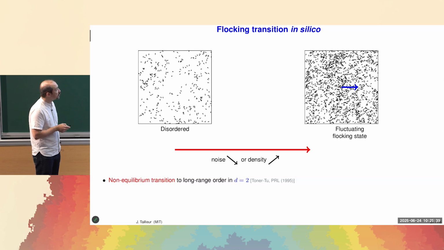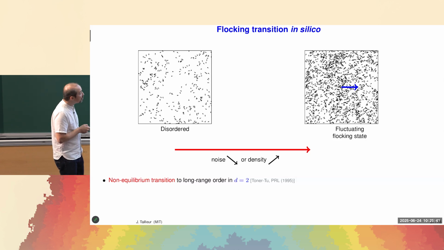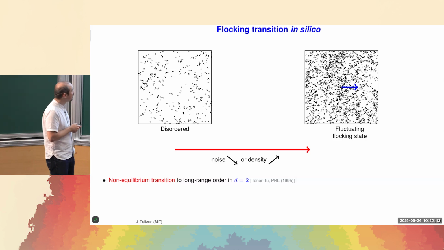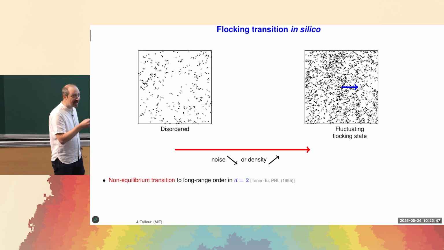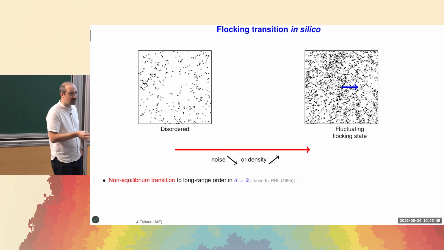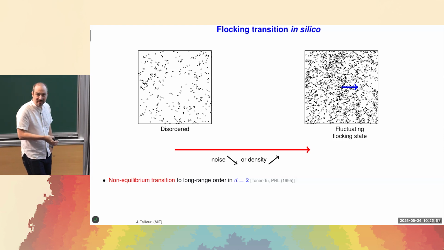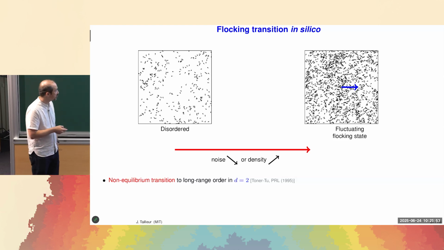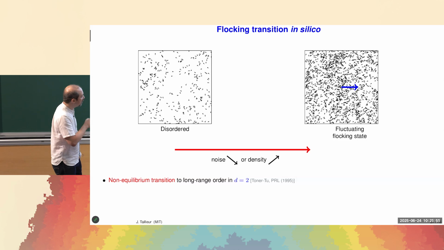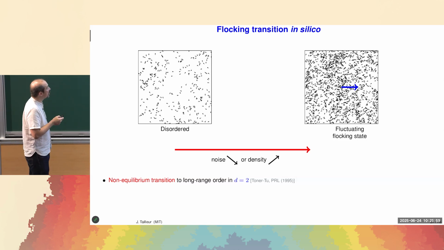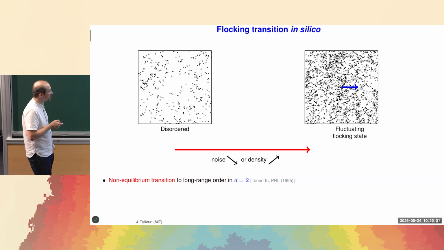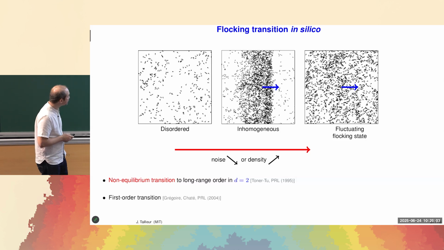You get a fluctuating floating state. And the big surprise at the time was that this state has long-range order in 2D. While if these particles were aligning and staying in place or just doing diffusion, the Mermin-Wagner theorem would forbid the emergence of long-range order. So there was really a huge excitement about that. And Vicsek and co-workers reported a critical transition between these two states.